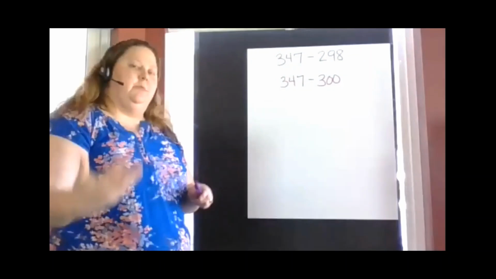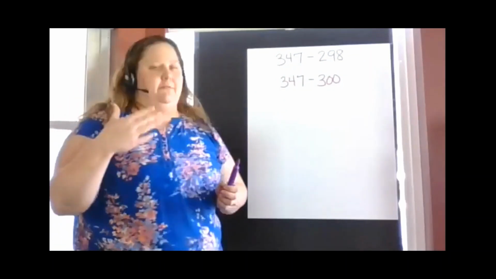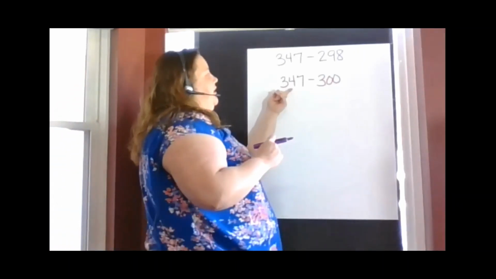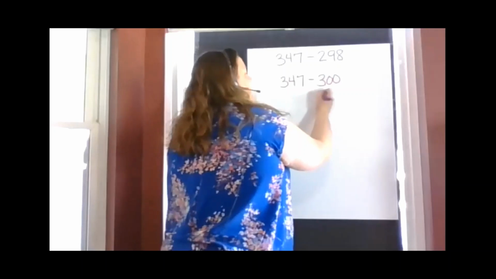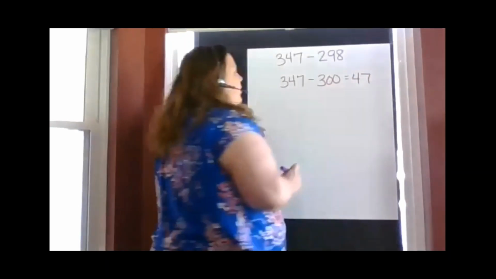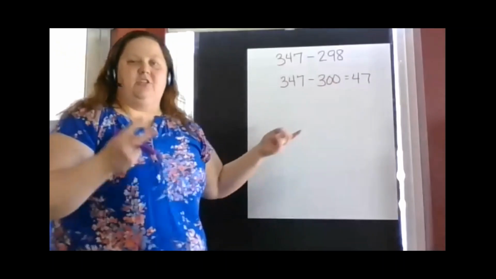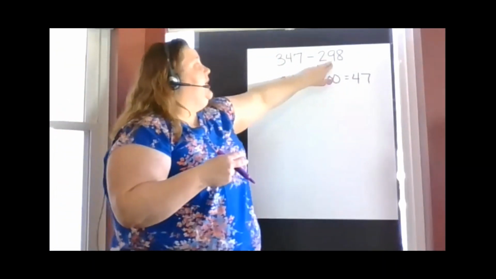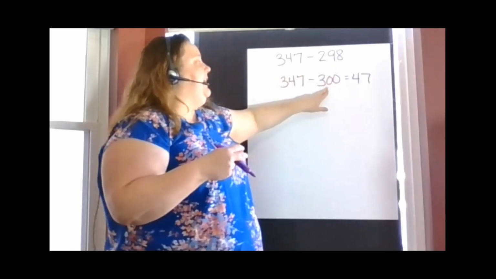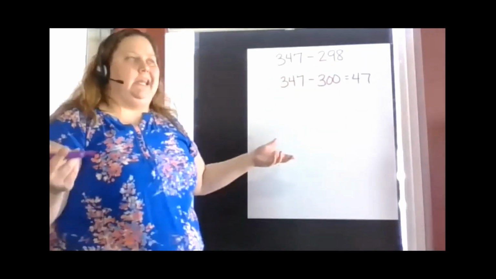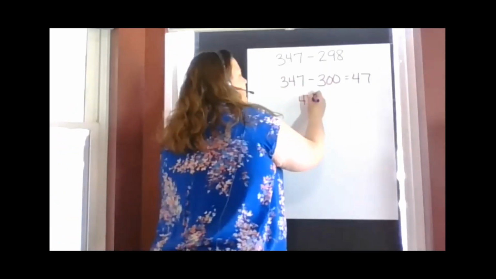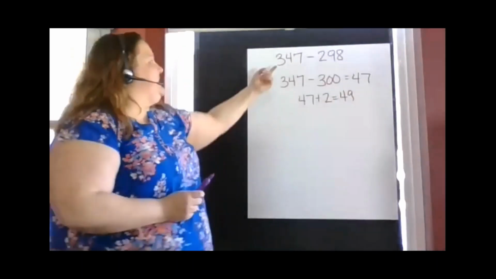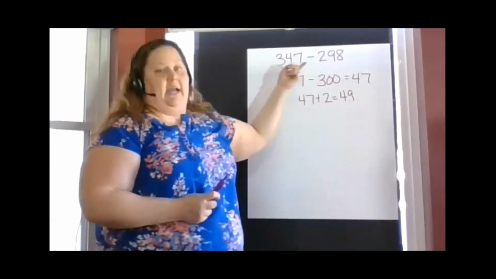So they've changed the problem, but they can only do this if they're making sense of those numbers and the relationship in those numbers. So 347 minus 300 is 47. Well, now I know I took away 2 more than I needed to, because I only needed to take away 298. So I'm going to add those back in. 47 plus 2 is 49. So my difference is 49.